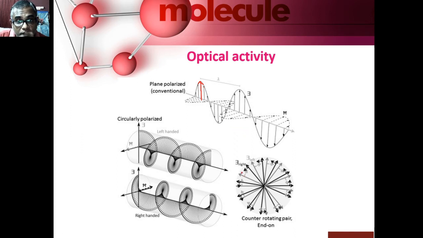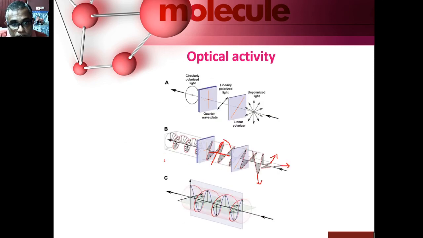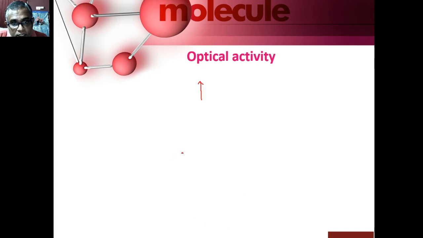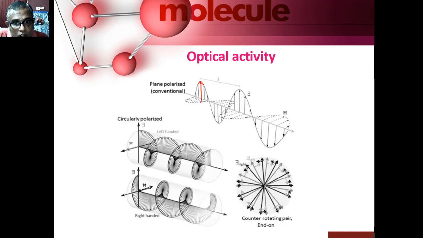Now what is exactly the composition of a circularly polarized light? If I take a circularly polarized light, it is a combination of two polarized lights. One is called a right circularly polarized light and the other one is called a left circularly polarized light.